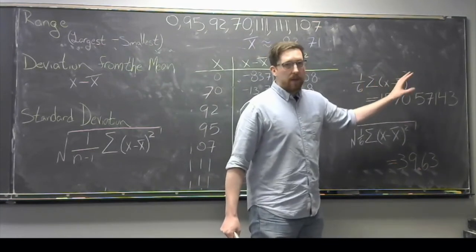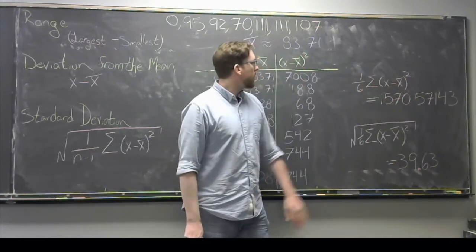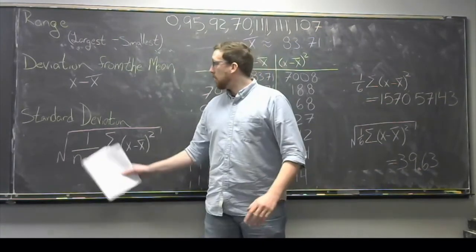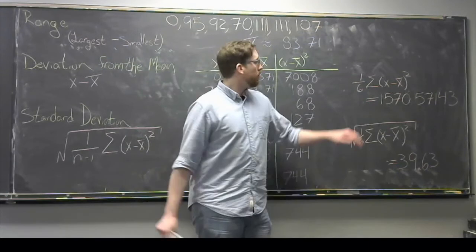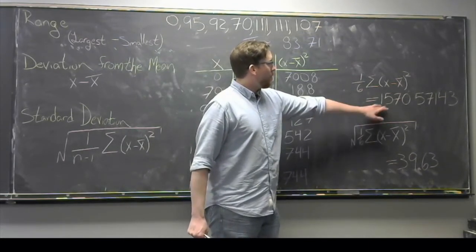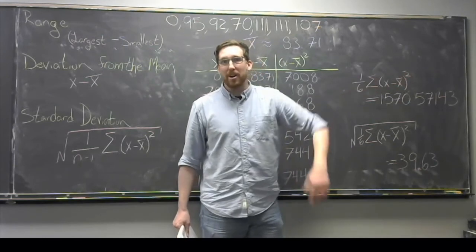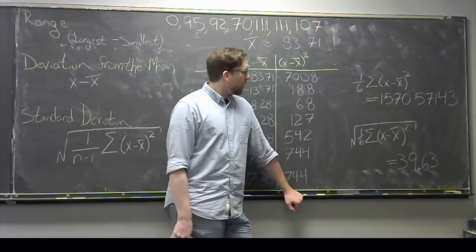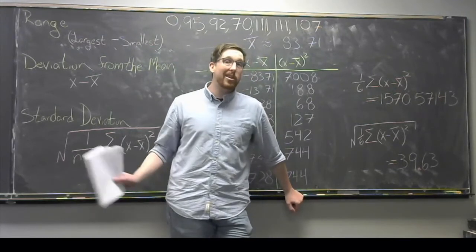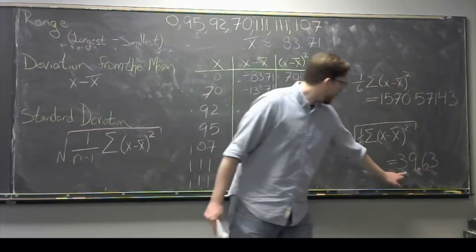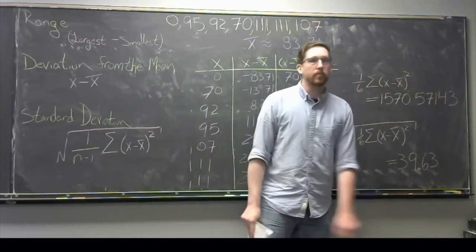We're going to find that the standard deviation, before we take the square root, is 1,570 point and so on. Now we take the square root of it, and we find that the standard deviation proper is 39.63.